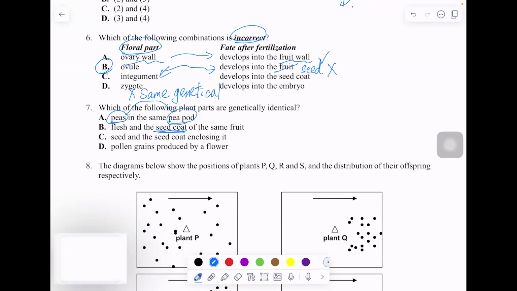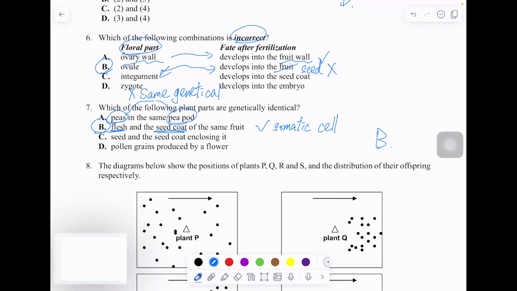So the seed coat would be genetically identical with the flesh of the fruit, because the fleshy tissues are also a type of somatic cell. Both of them are somatic cells. Therefore, the answer would be B.